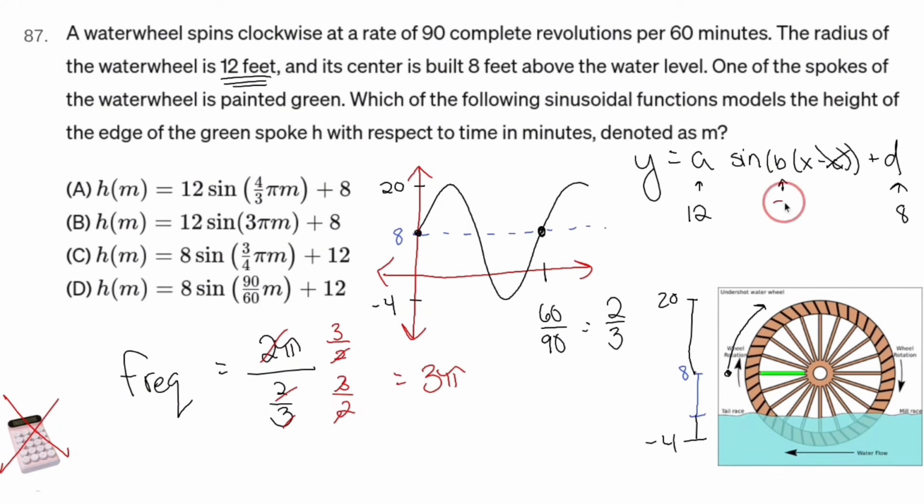So my period is 3 pi. So putting this all together and using h of m and using m instead of x, I have h of m equals 12 sine of 3 pi times m, because I don't have a horizontal translation, plus 8.